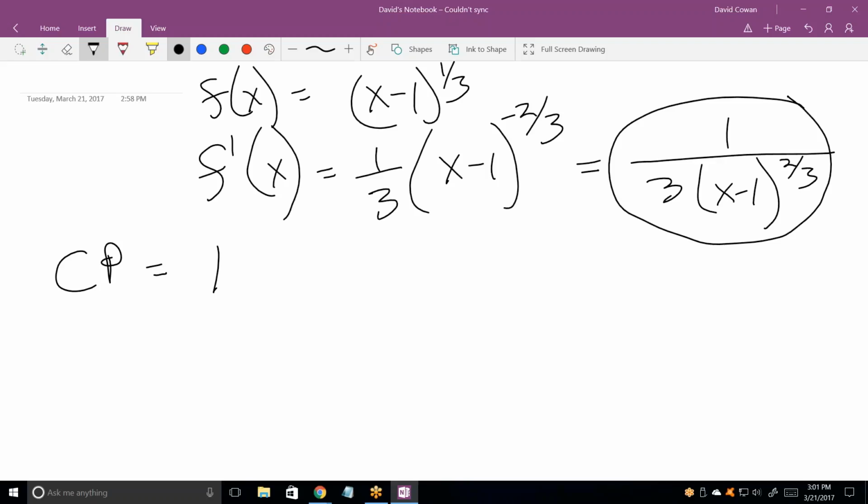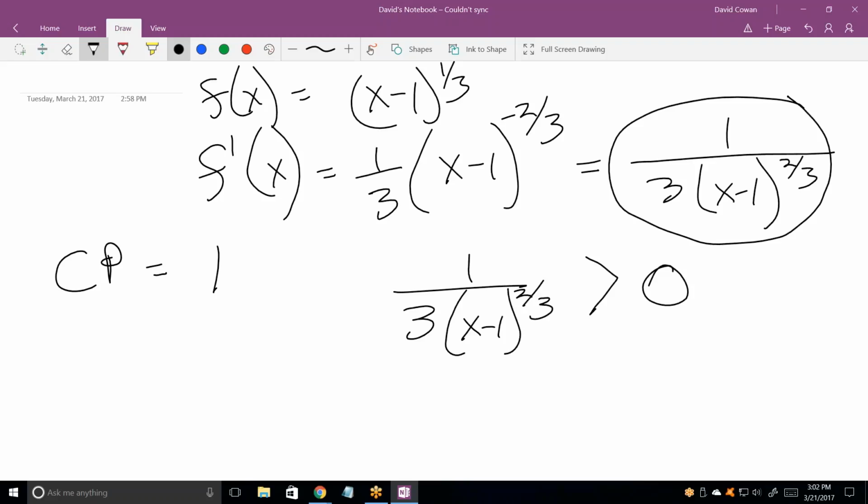Now, the next place is to define where it's increasing or decreasing. So where is that greater than 0? And how do I figure it out? You can draw a line chart. The line chart is almost magical here.